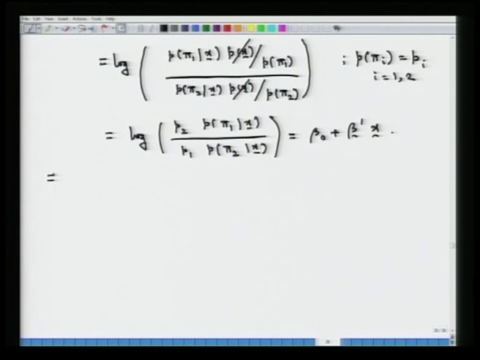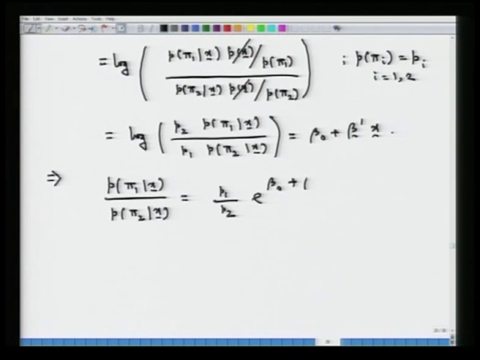Now, this further implies that the ratio of the posterior probabilities, p pi 1 given x divided by p pi 2 given x, is equal to p 1 by p 2 times e to the power beta naught plus beta prime x.